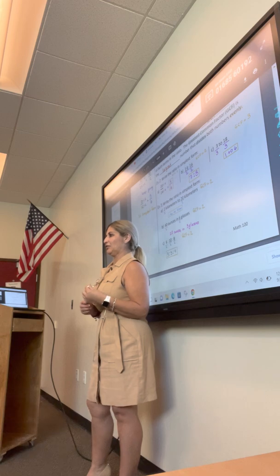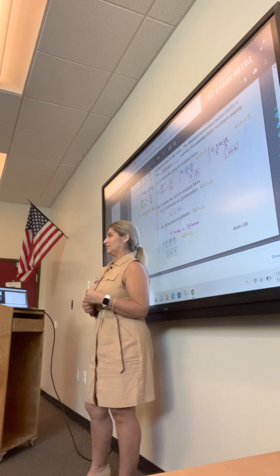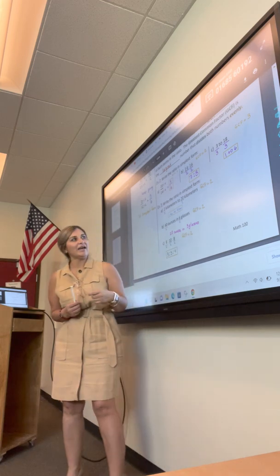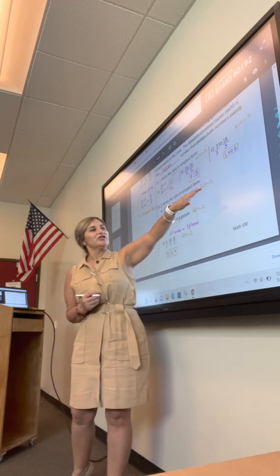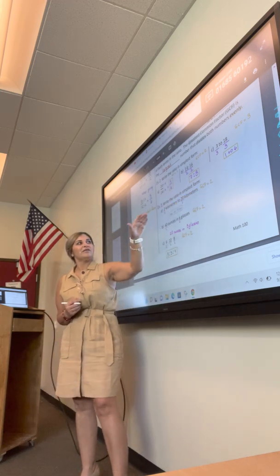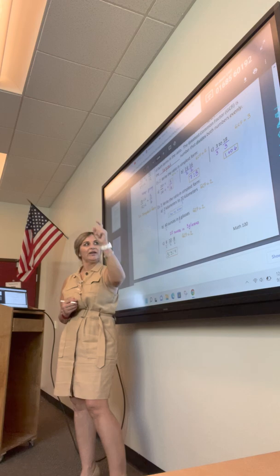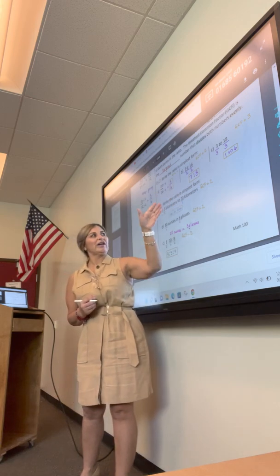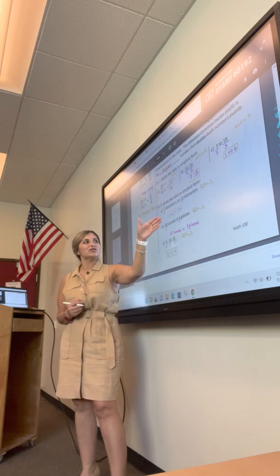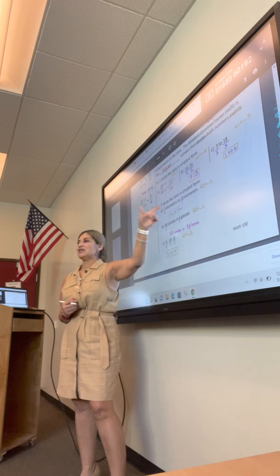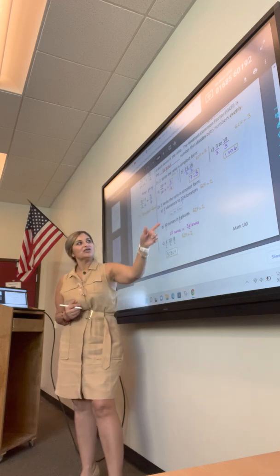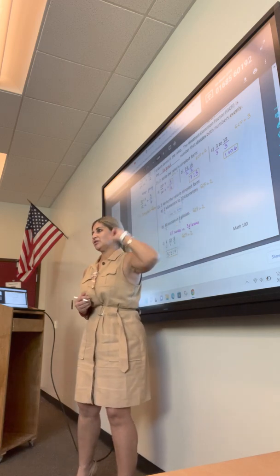What's the GCF on this one? 2. Good job. 2, because if we divide 2 into 2, it's 1. And if we divide 2 into 20, it's 10. So the answer is 1 to 10, and the GCF is 2 on this one.